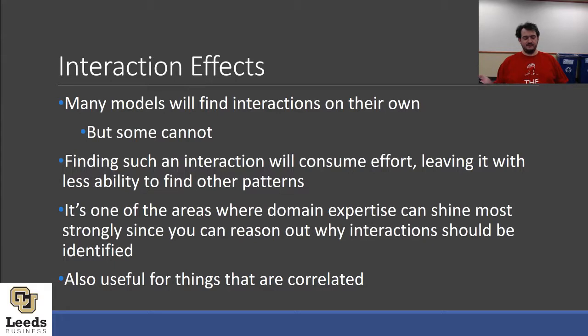As a domain expert, or as someone with contact with a domain expert, you might be able to find some interactions that make sense to explore that an algorithm wouldn't, because it doesn't know what's worth checking.